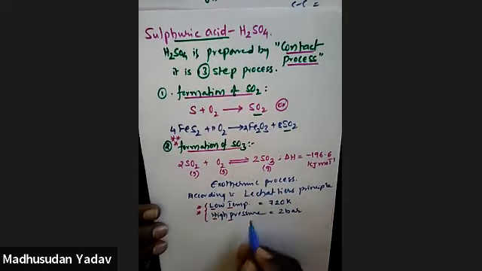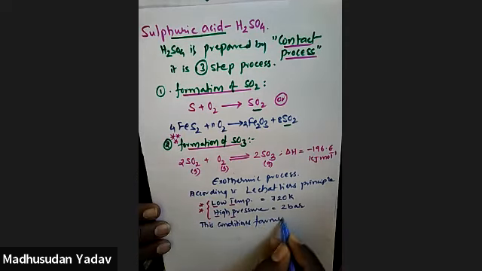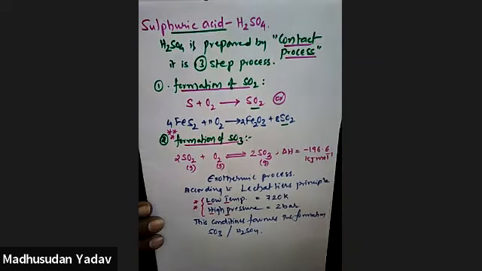So these two conditions favor the formation of sulfur trioxide, and that is nothing but we are talking about sulfuric acid.